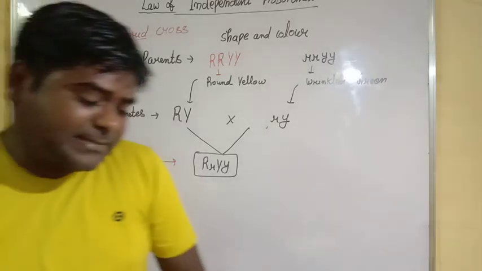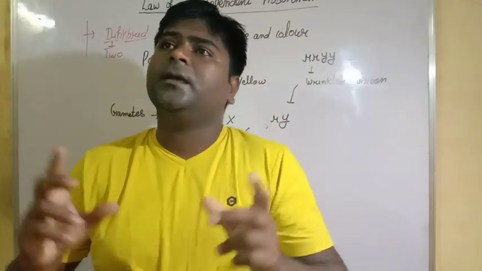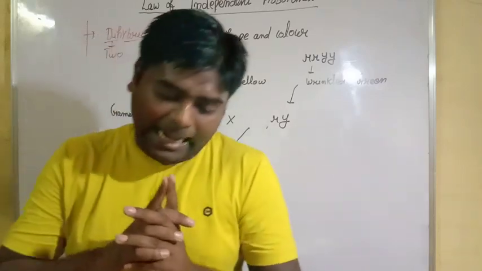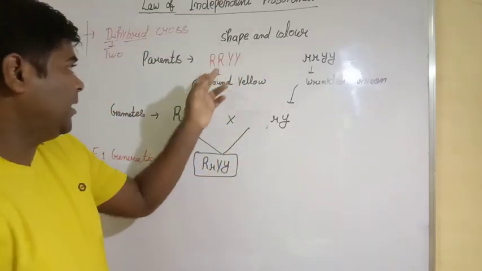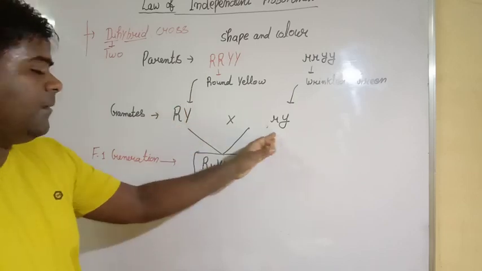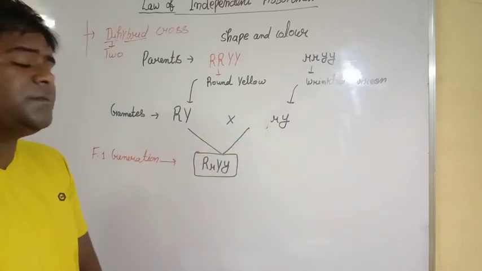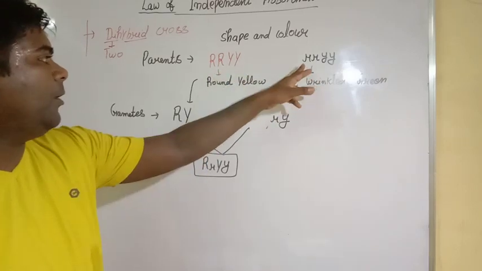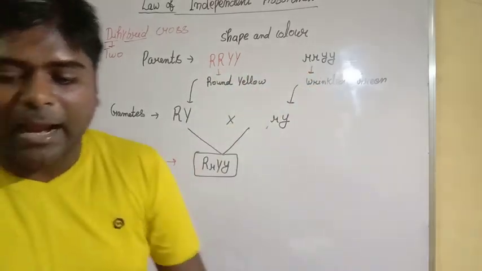So what did Mendel receive in the F1 generation? Two characters were present, and we had formation of gametes. Mendel observed that pure was converting into hybrid.